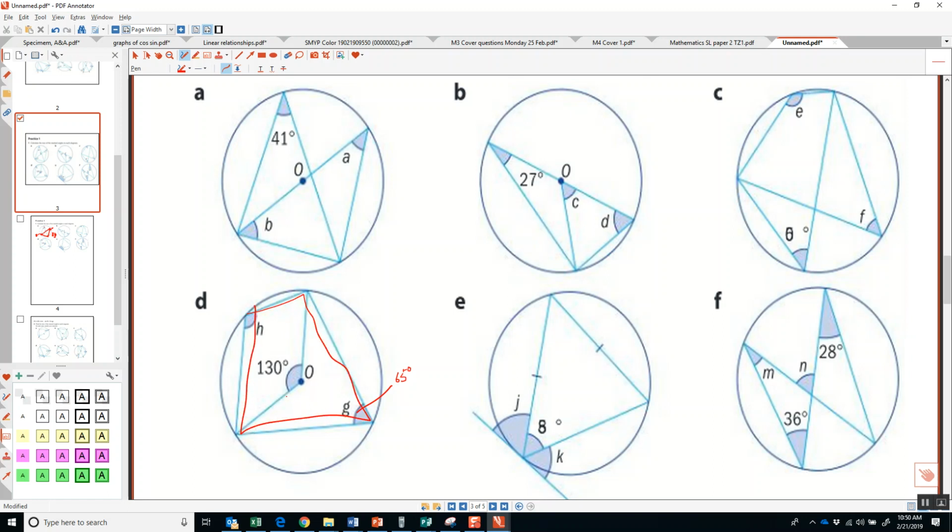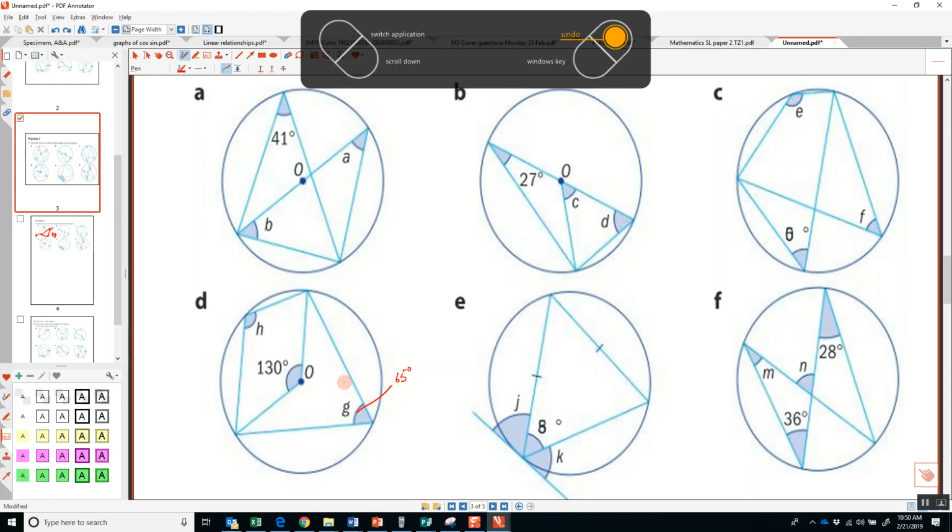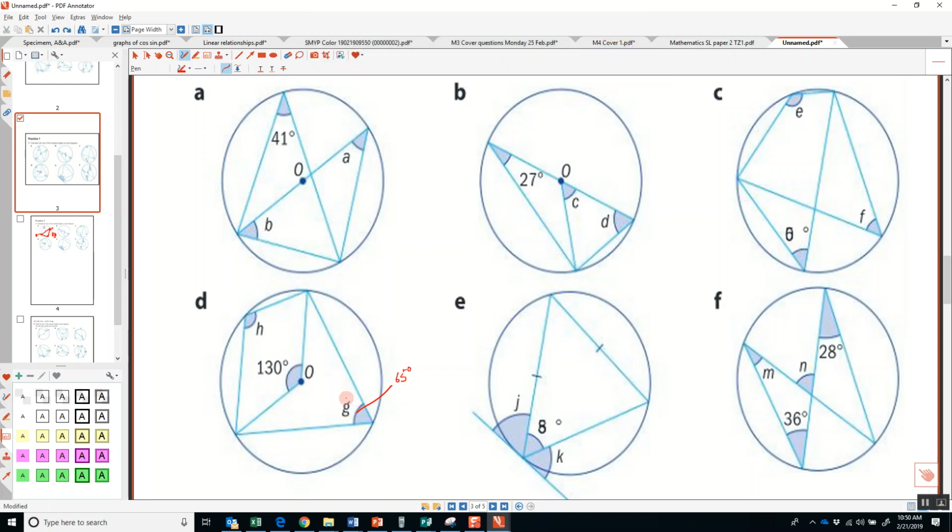So what do you do then, Samara? The G and H, they're not the same. No, sorry, they're supplementary. Yeah. They add up to 180. So if G is 65, H is 115.